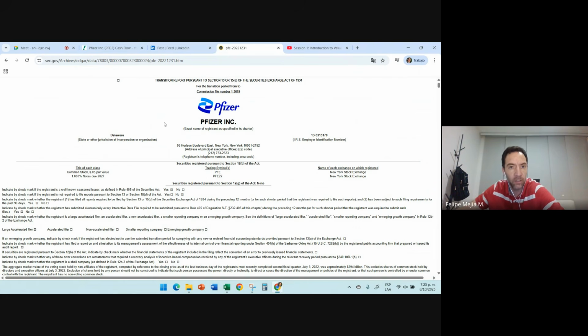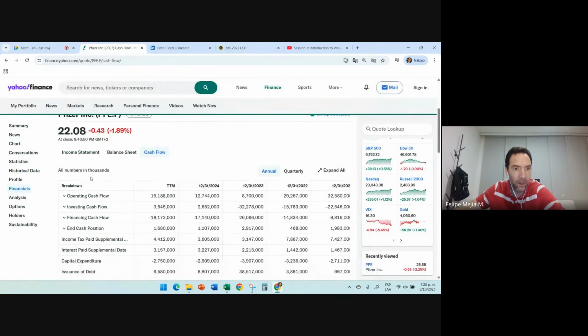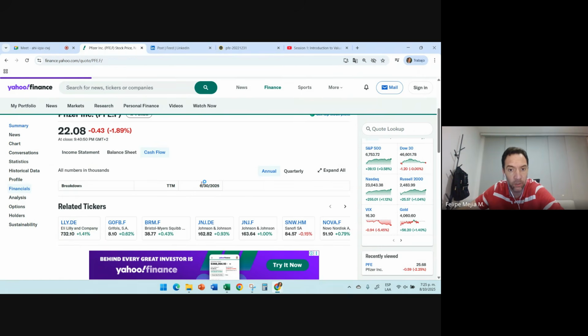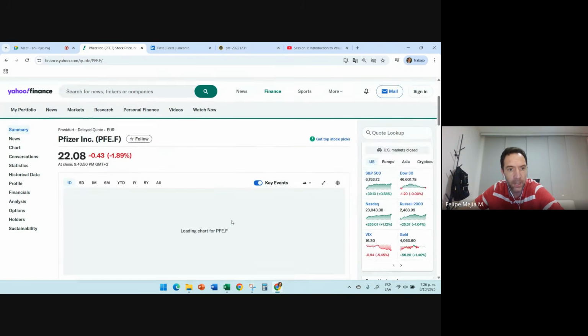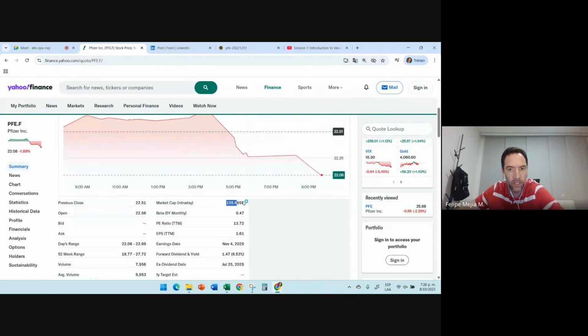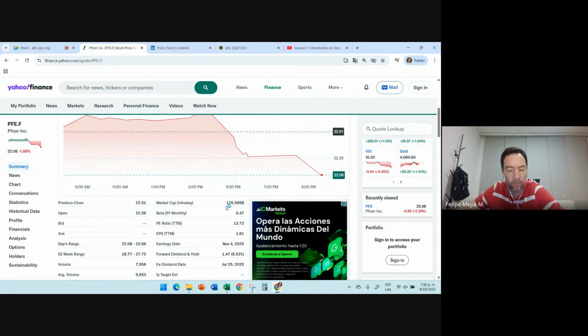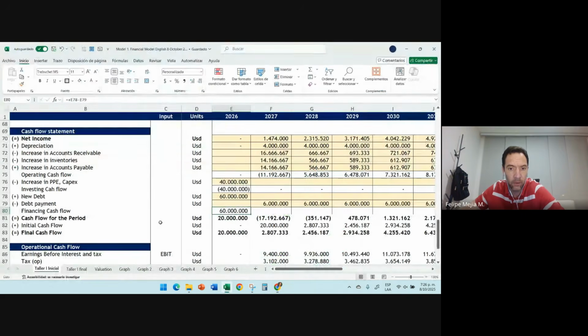Then you forecast the dividends, get the present value of the dividends, compare it to the market capitalization, in this particular case $125 billion, and then you decide if you purchase or sell the stock, and after some time passes by, you compare what you said in the model with what happened in reality.